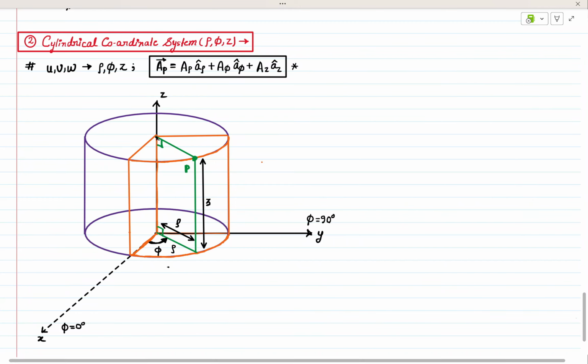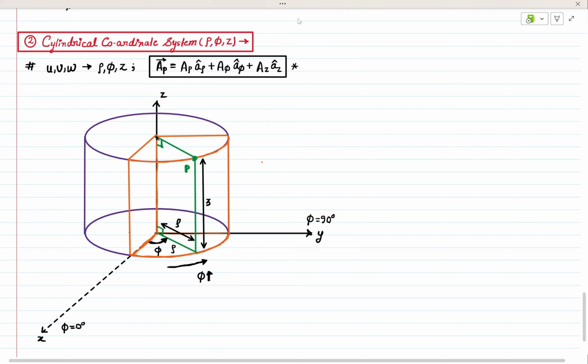So basically, as we move from the x-axis in this direction, phi is increasing. Now I have told you the rho, phi and z. Not only that, this point P is not a normal point.